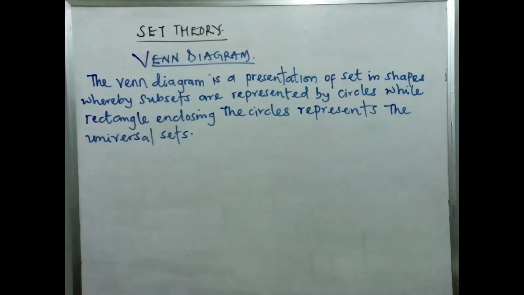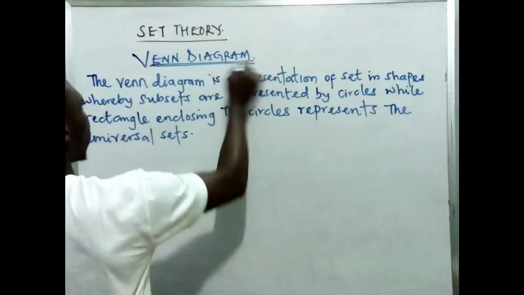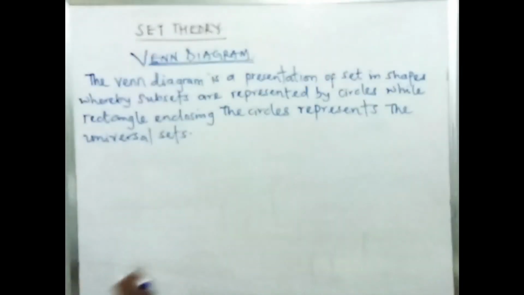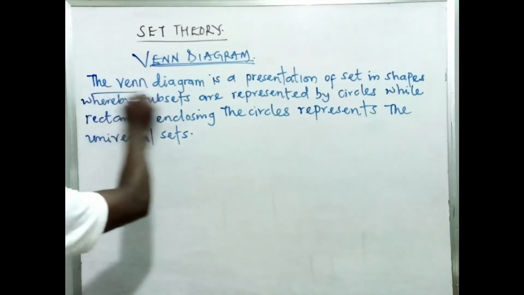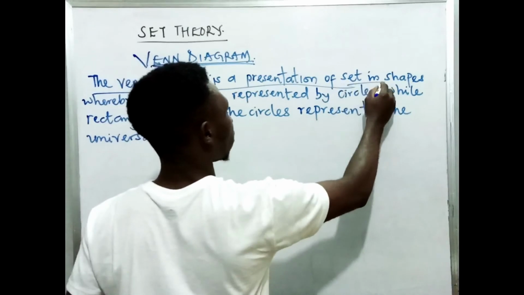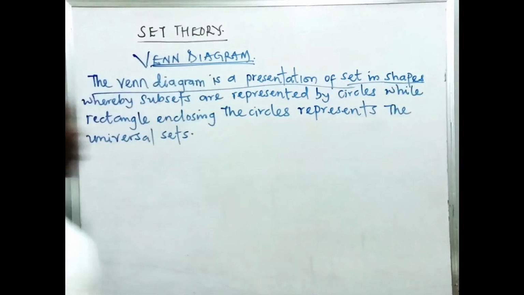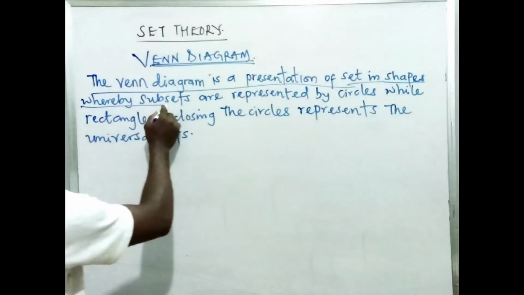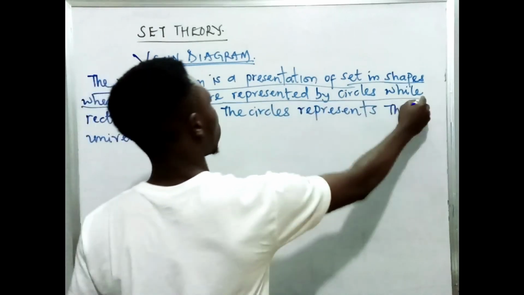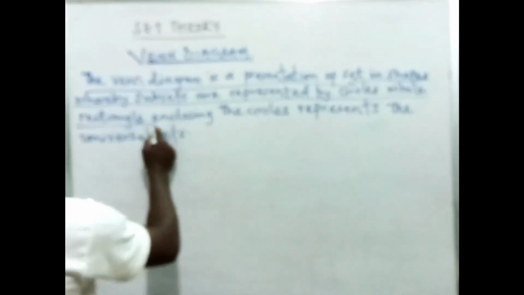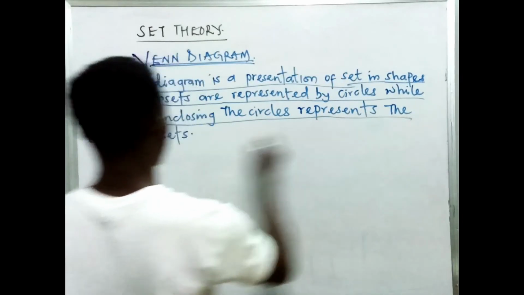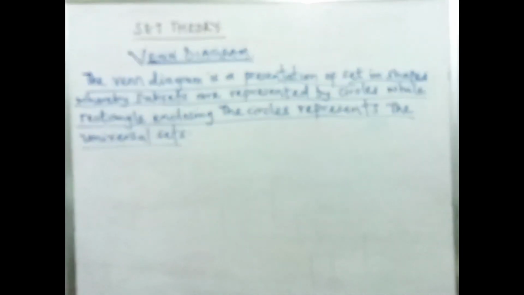Now, going further, we're going to be talking about Venn diagram. So what is this thing called Venn diagram? Venn diagram is a representation of sets in shapes, whereby subsets are represented by circles, while the rectangle enclosing the circles represents the universal set.